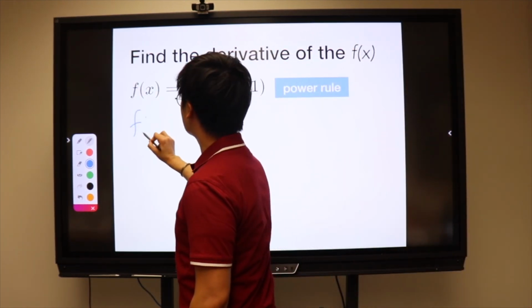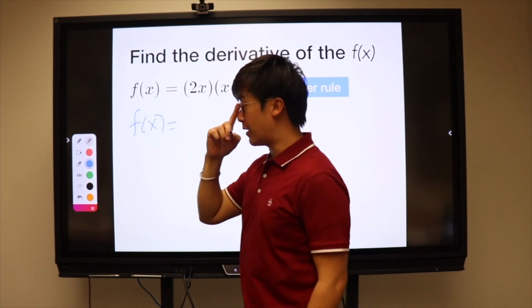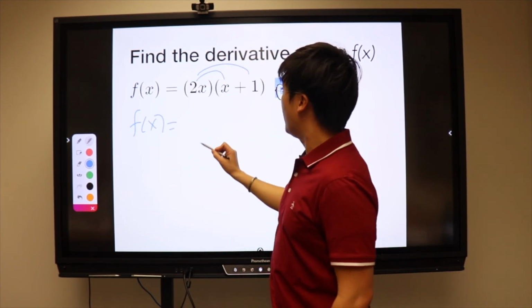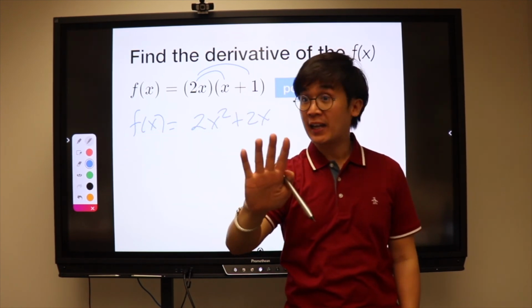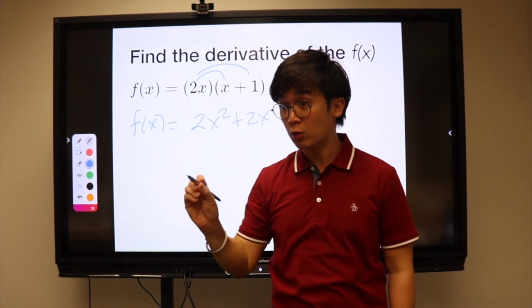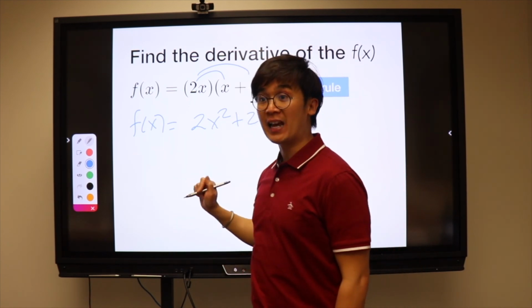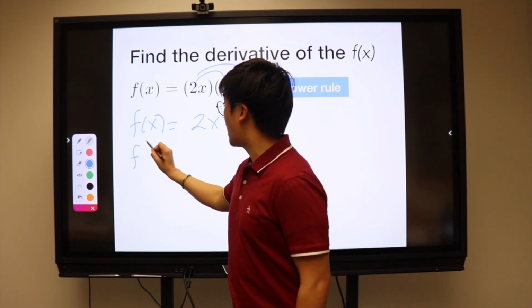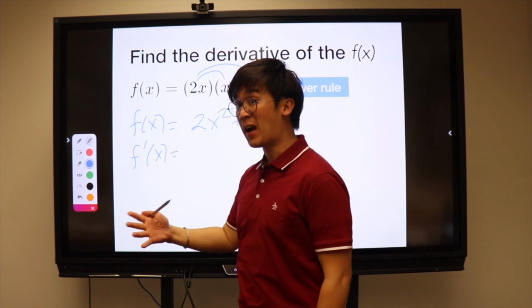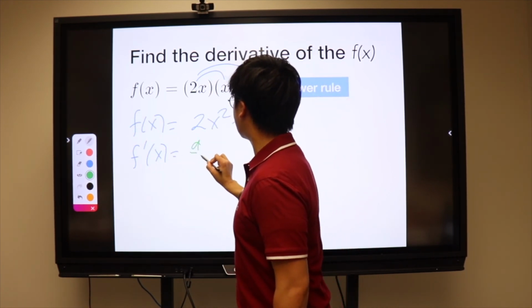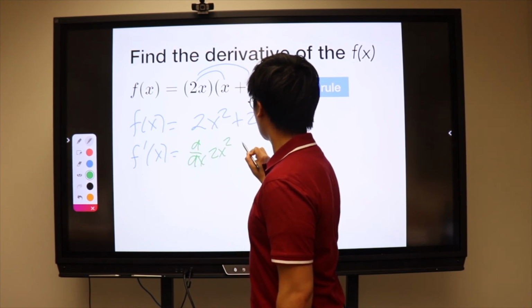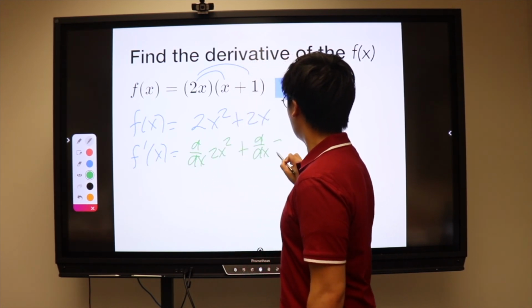So f of x, I can modify this by distributing it to here so that I'll have 2x squared plus 2x, right? I did not do any calculus rule yet. That's why it's still an f of x. But once I start changing my notation from f of x to f prime of x, I'm going to take the ddx of 2x squared and the ddx of 2x.